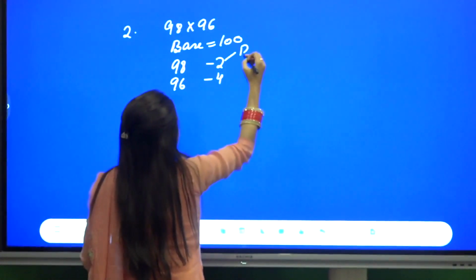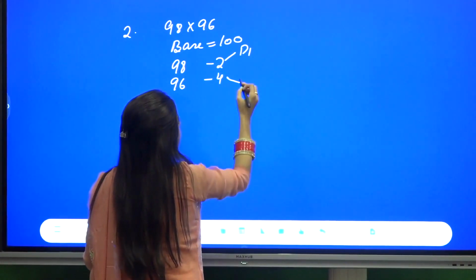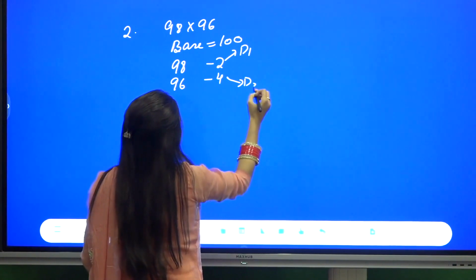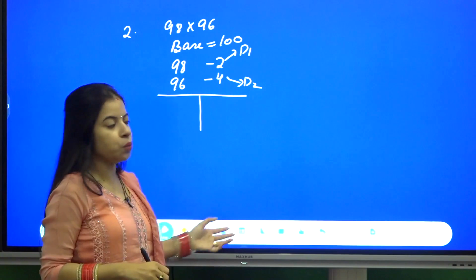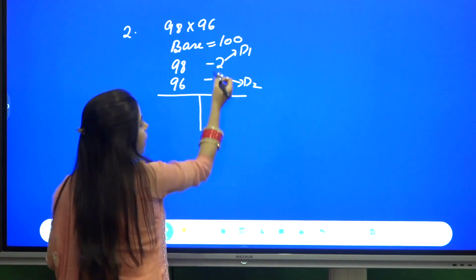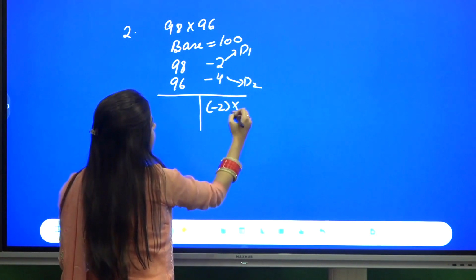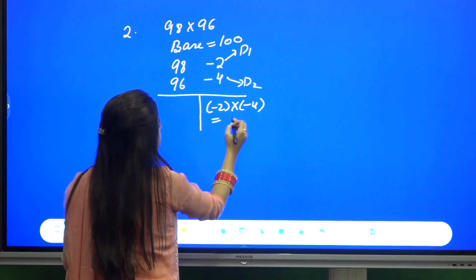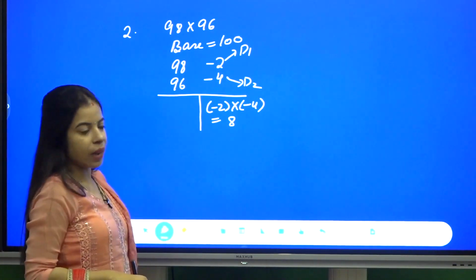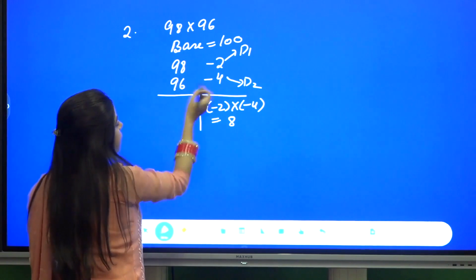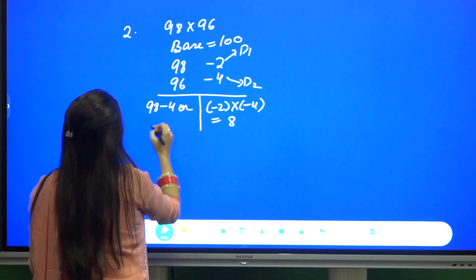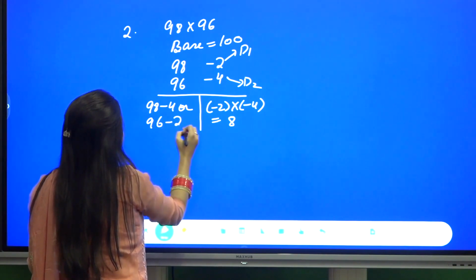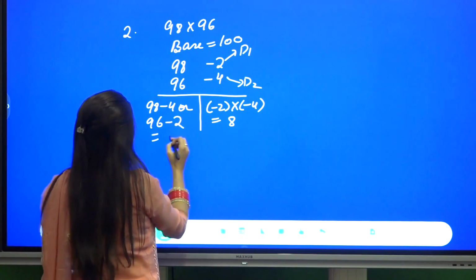So, minus 2 is D1, minus 4 is D2. We are going to divide our answer in two parts. For the right part, minus 2 into minus 4 is 8. And for the left part, either add 98 minus 4 or add 96 minus 2. This is 94.